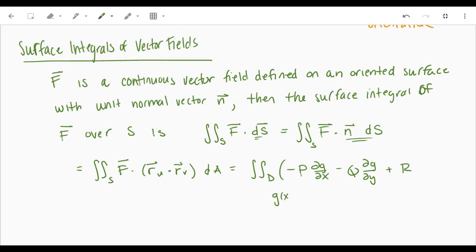So that dg/dz would just be 1. And then dA.